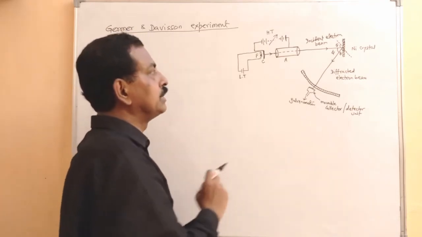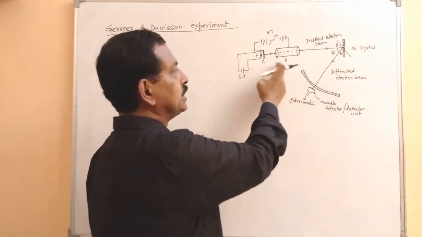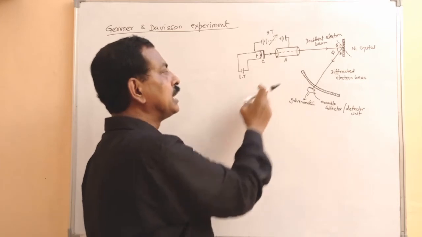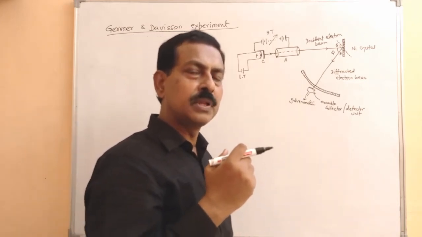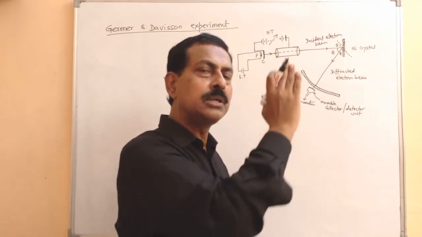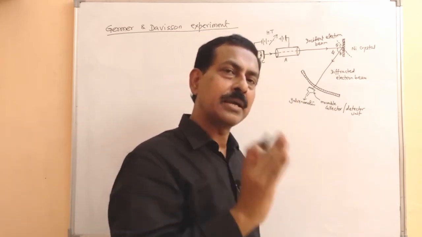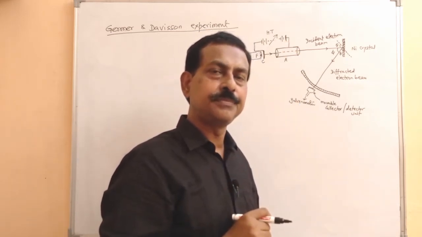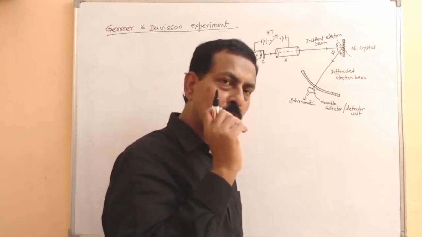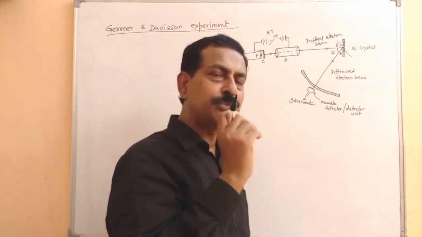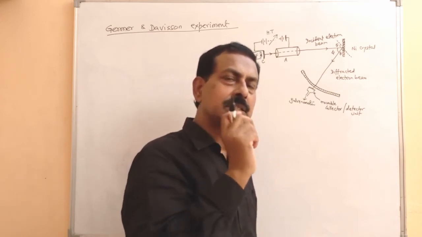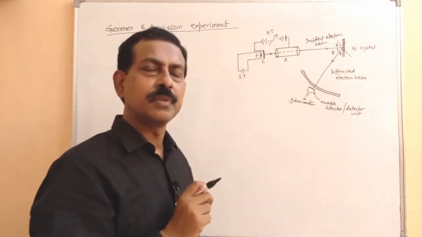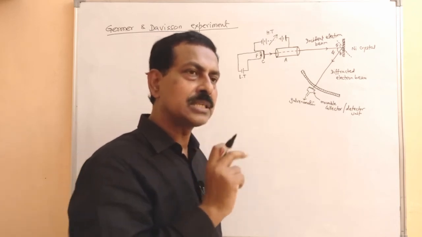Now what we find is that when this oscillating voltage is varied from 44 volt to 68 volt, we find appreciable change in the pattern of the intensity. If you just observe that one, we find at a particular voltage there is a sharp peak. At 54 volt there is a sharp peak.